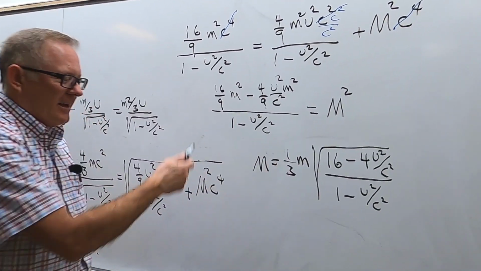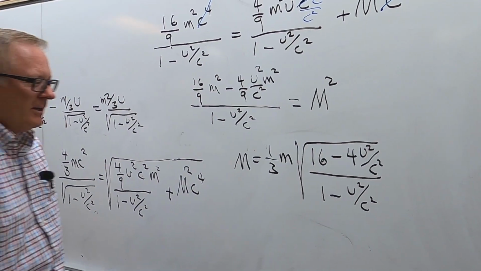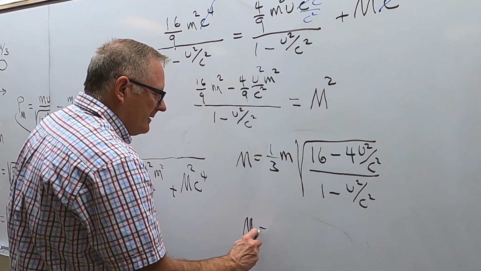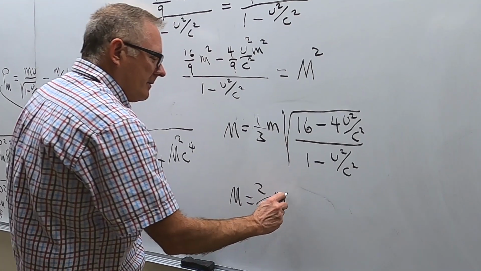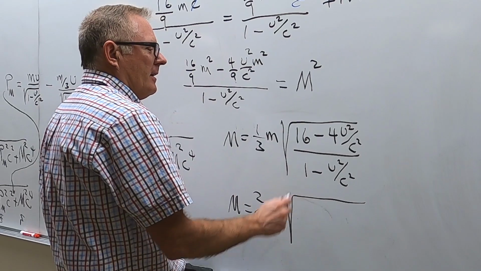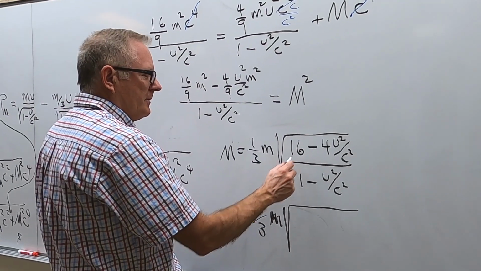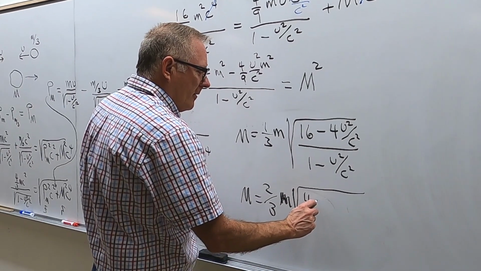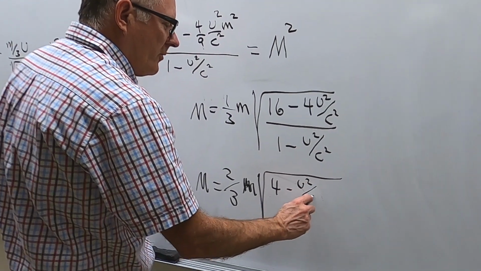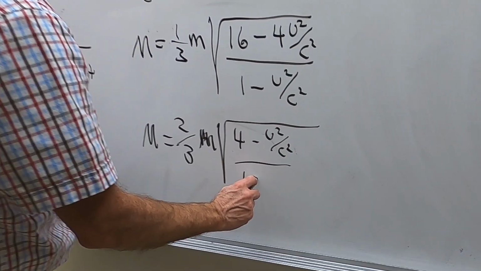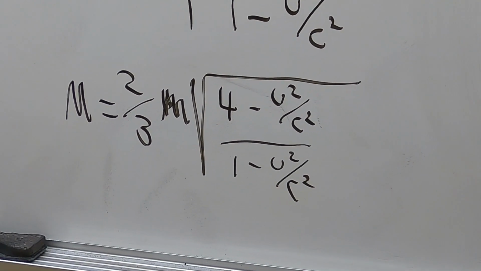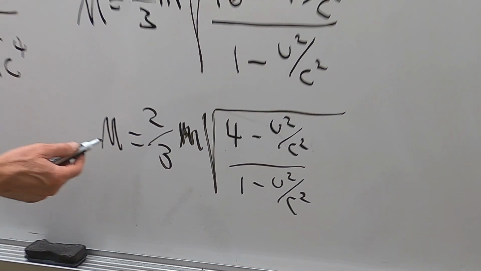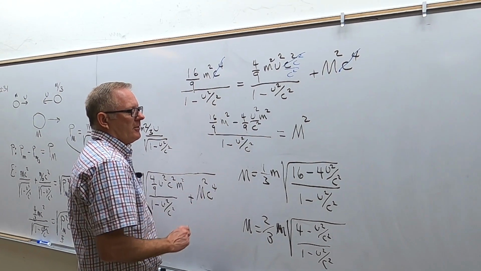I could even have pulled out another 4 out of that too. So big M is equal to 2/3 m times the square root of, if I pulled a 4 out, this would be just left with a 4 minus u squared over c squared, divided by 1 minus u squared over c squared. So there is the size of the particle right there.